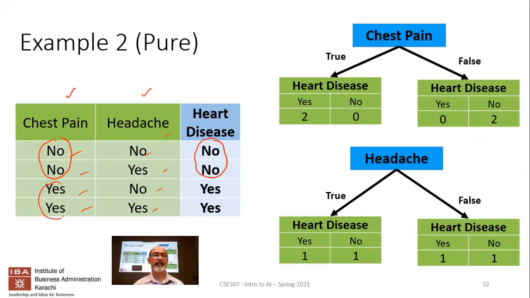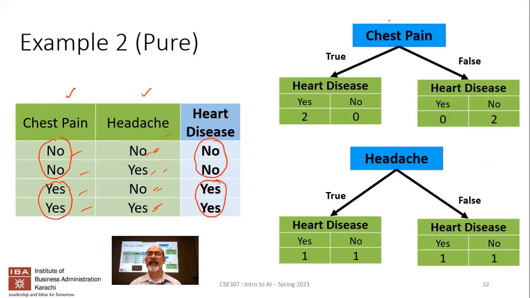When the person has chest pain, there's a 100% probability that they will have heart disease. Very simple case. And headaches have absolutely no impact because you can see that yes, no, and it has no impact on the heart disease. So what we're going to do now is classify these as follows.